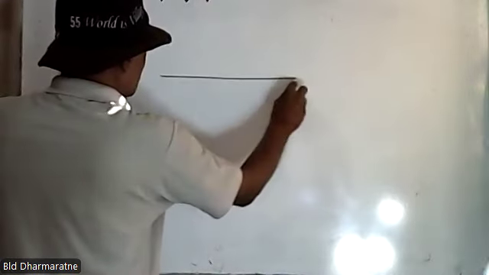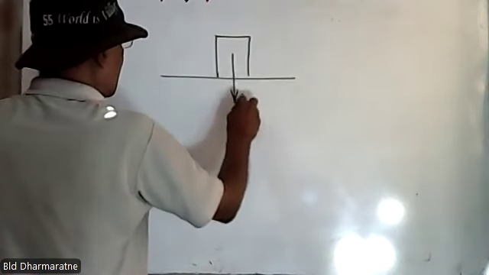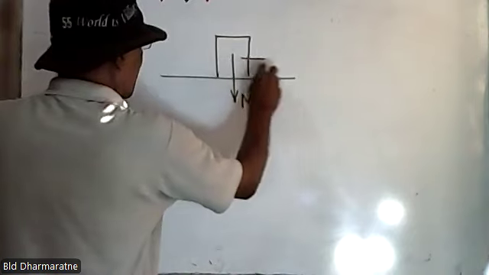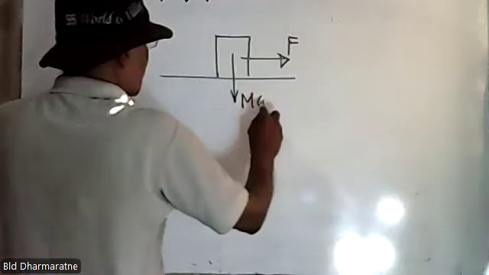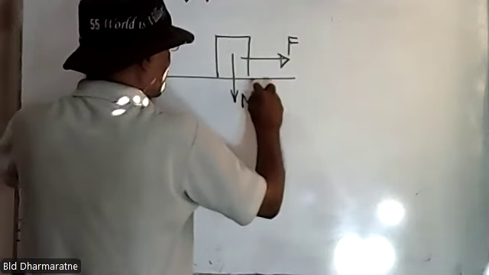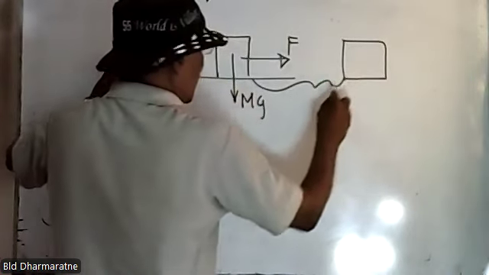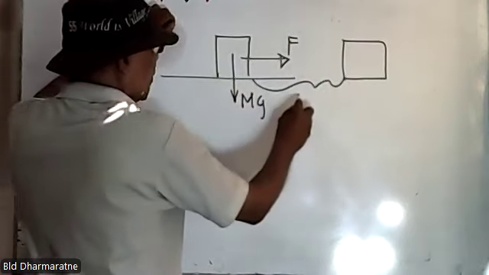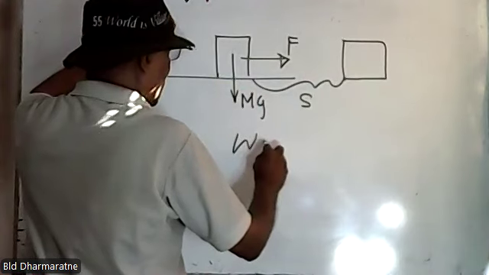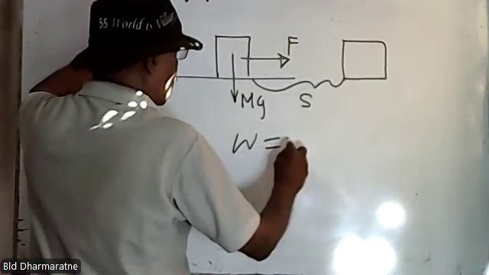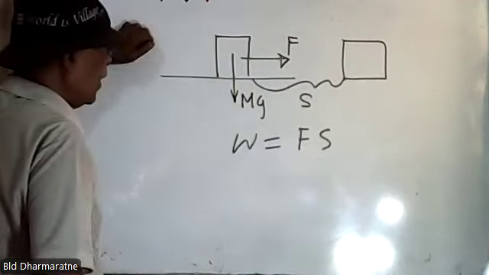Here is a mass m, with weight mg newtons, and an applied force F. At time t it is displaced to here, a position change. The displacement is x, and work done W equals force into displacement. In the rotating case, what happens?